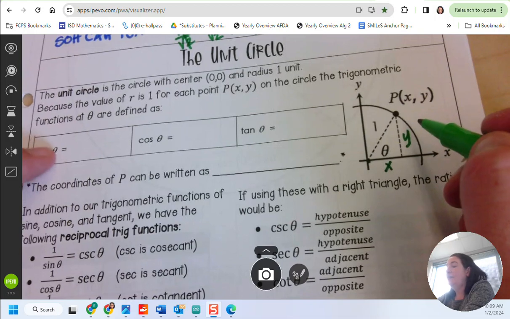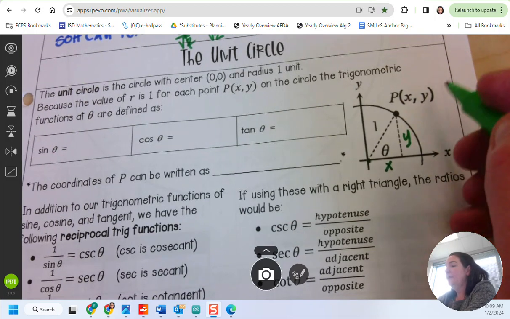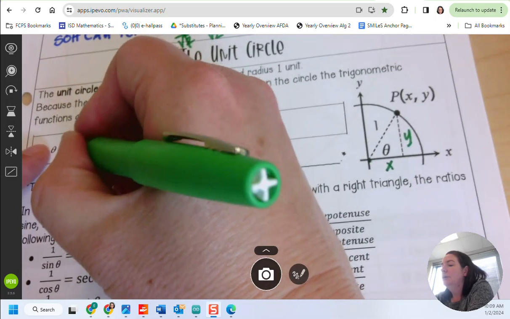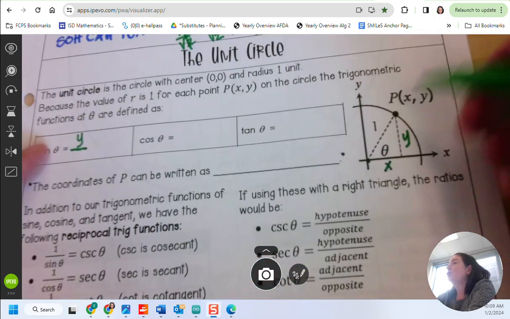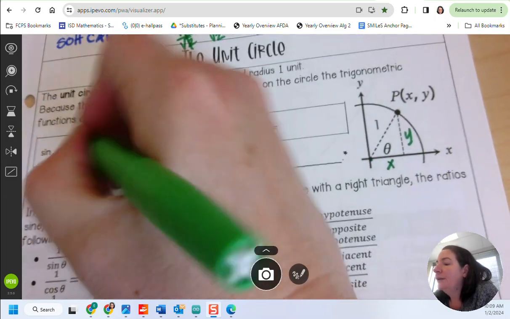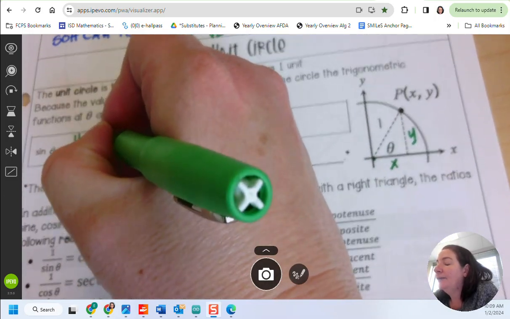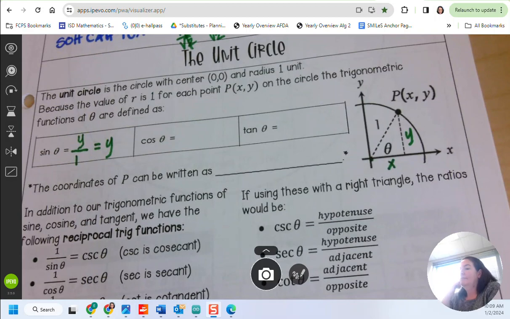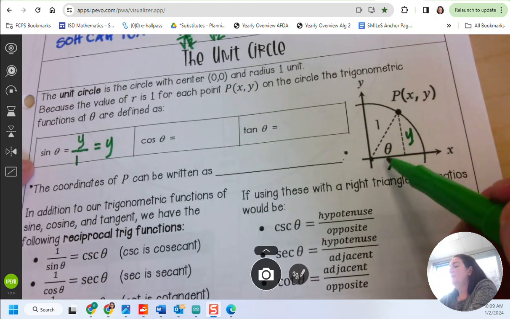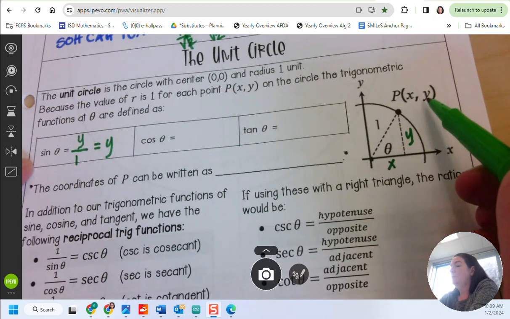So the sine of an angle on the unit circle is going to be the opposite, which is y, over the hypotenuse, which is defined to be 1. The unit circle is called the unit circle because it has a radius of 1 unit. So it would be y over 1, which is just y. So if I know the coordinates here, then I know that the sine of this angle is equal to the y value.